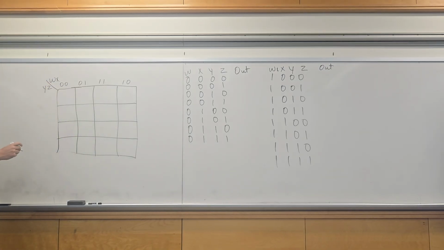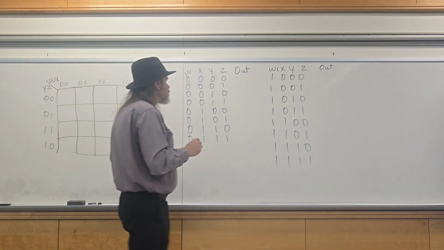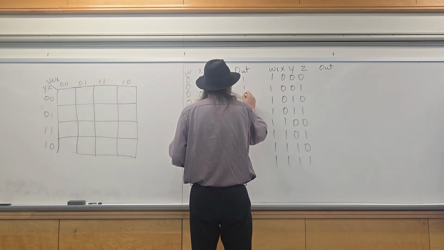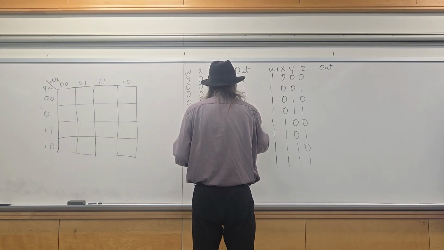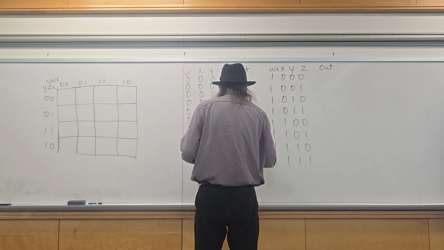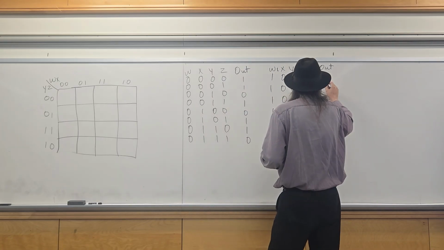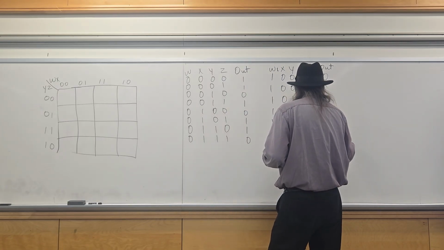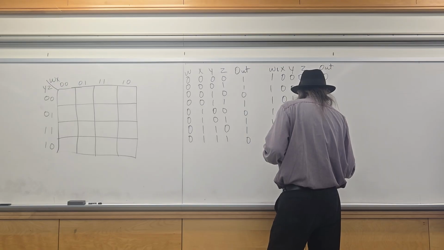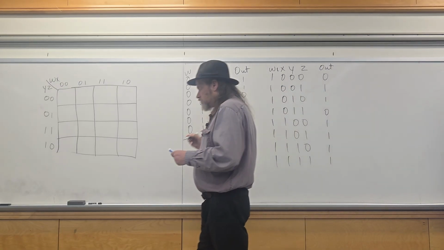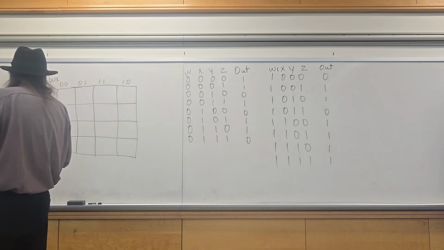Same thing going down the sides. 0, 0. 0, 1. 1, 1. 1, 0. And let's give some outputs here: 1, 1, 0, 1, 0, 1, 1, 0, 0, 1, 1, 0, 1, 1, 1, 1. Okay, just some random inputs there.